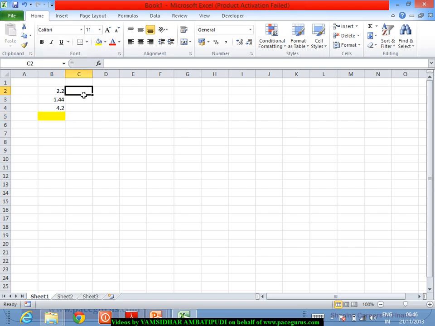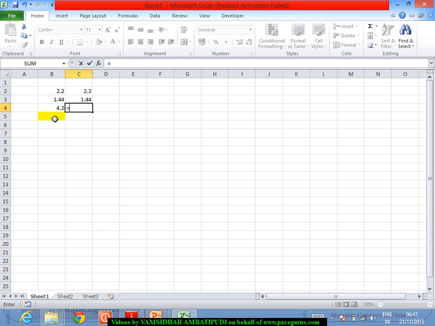What we are trying to find out is 2.2 into (1 plus r) cube, then similarly 1.44 into (1 plus r).